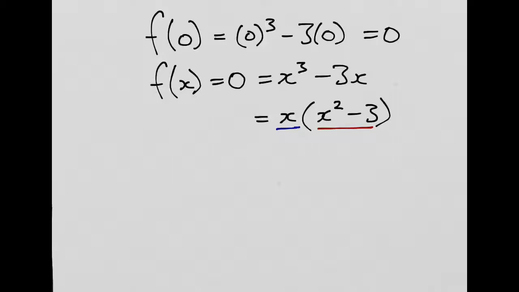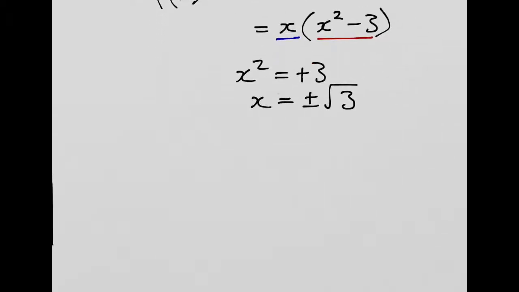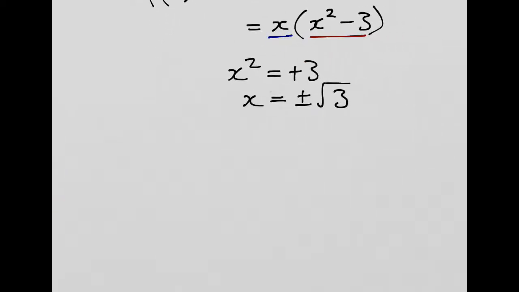Well, that means that x squared is going to equal plus 3. So x is going to equal plus or minus the square root of 3. So now we have all the information we need to draw the graph. I'll just make some space here.